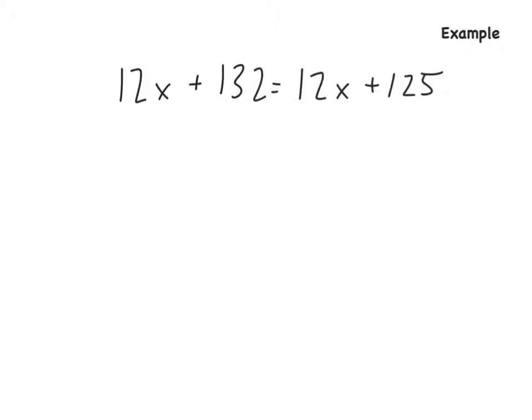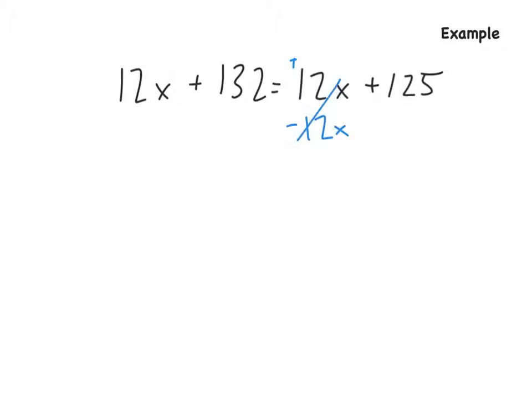Alright, if we have 12x plus 132 is equal to 12x plus 125, looks like some big numbers here. First thing is first, remember we have to combine the variables. So if we're going to move this 12x over to the left, think of this as a positive 12x. So the opposite of a positive 12x is minus 12x.